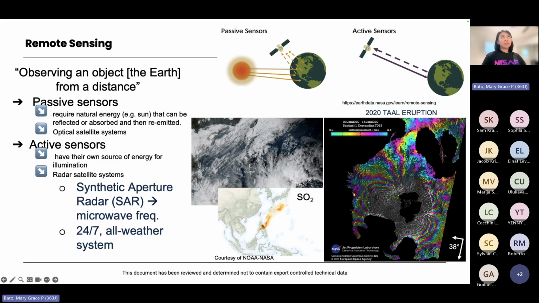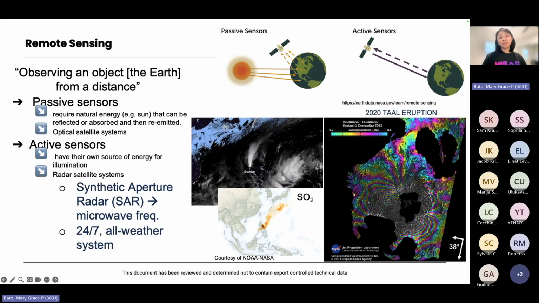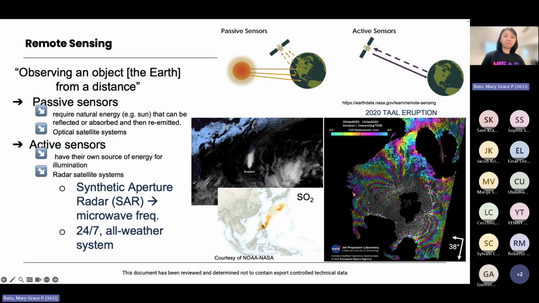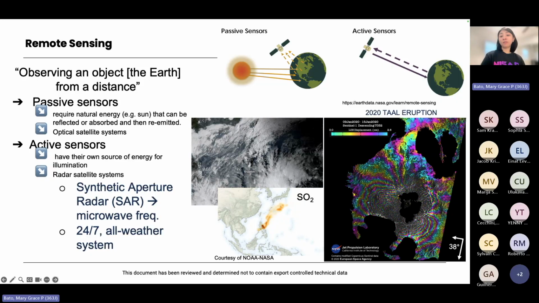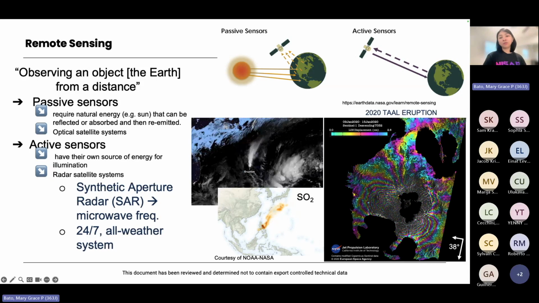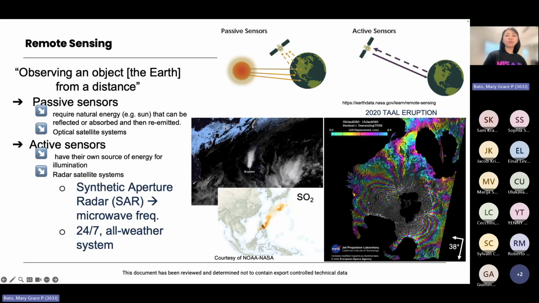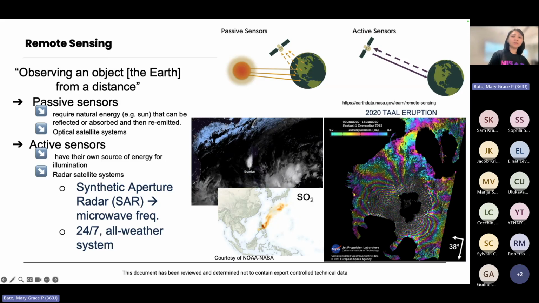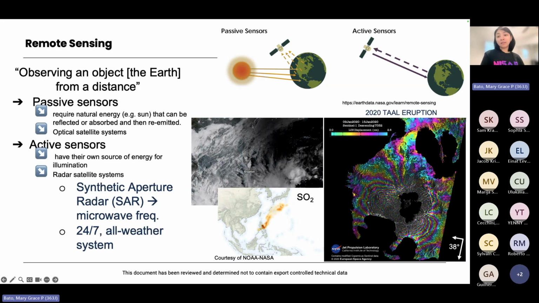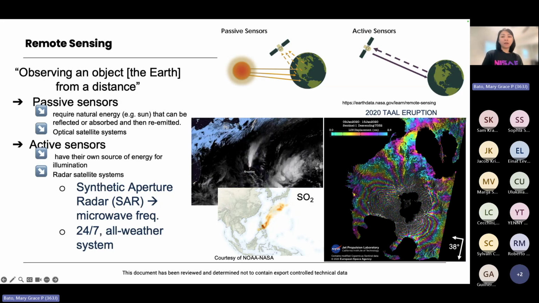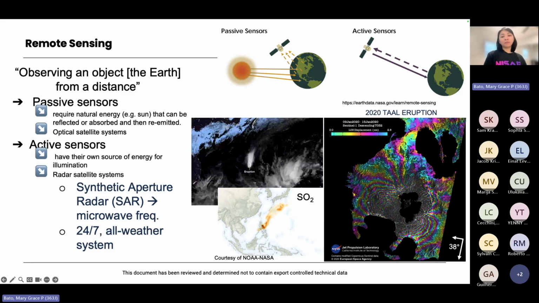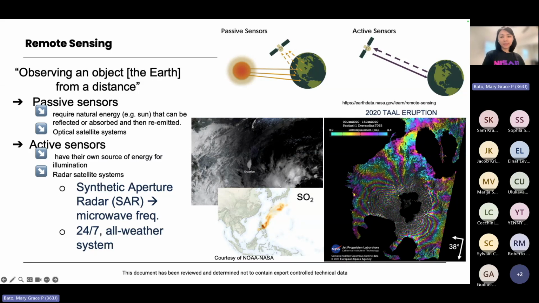If we step back a bit and try to understand what remote sensing is, remote sensing basically refers to observing, in this case, the Earth from a distance. We would typically distinguish between passive sensors, such as optical systems that rely on sunlight, and active sensors, such as radar systems that generate their own signal.